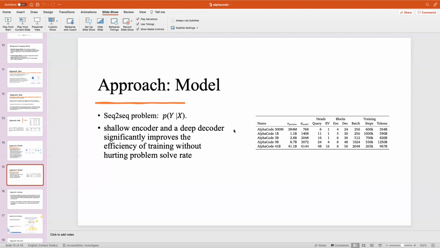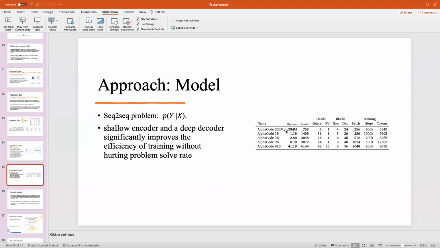So I guess it means the problem is more focused on the generation part instead of the understanding part from the encoder. And the table shows some detailed configurations of the AlphaCode model. The largest model has 41 billion parameters, while the smallest one has only about 300 million parameters. And one thing to notice is this model can also be ensembled.